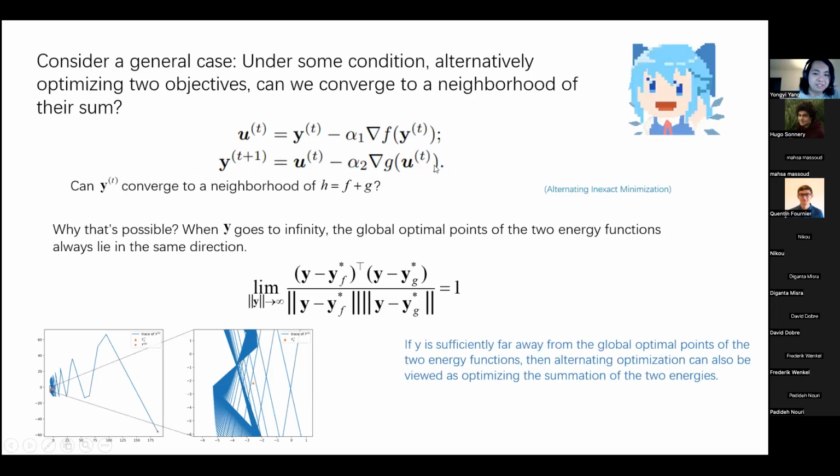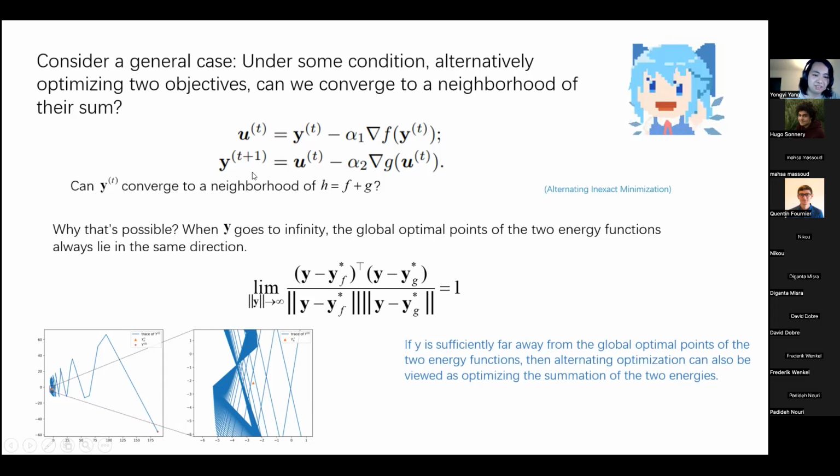So why can we consider this? Let me show you. Consider a general case with two objective functions f and g, which we alternately optimize, and we want to show that the process can converge to a neighborhood of their sum h, where h equals f plus g. Why is that possible?